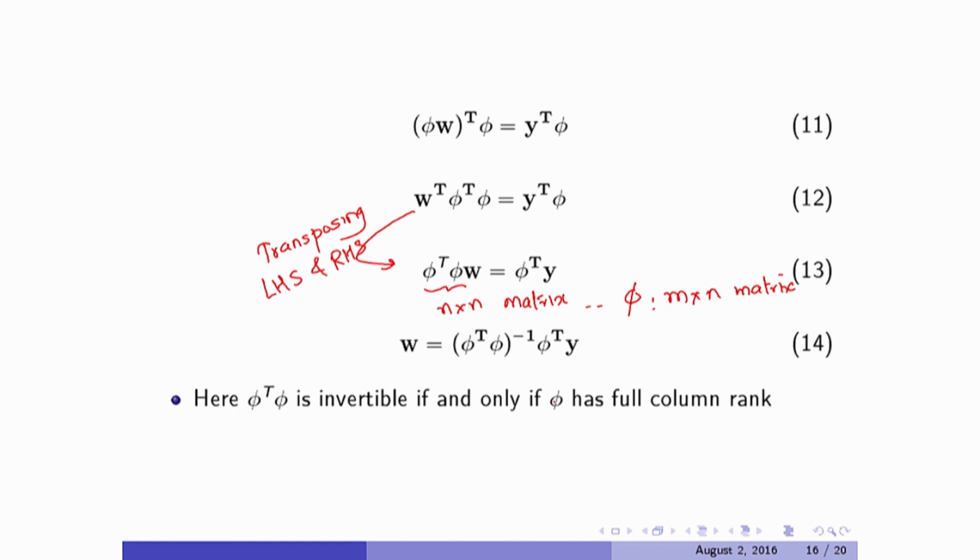Now what does phi having full column rank mean? It means all the attributes phi 1 to phi n are somewhat independent of each other. You can't express or derive one of the attributes using the others, especially in a linear sense.